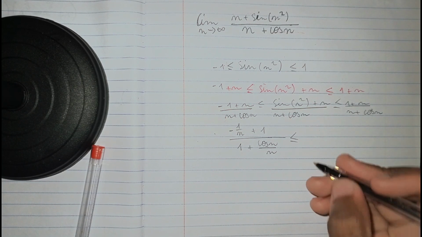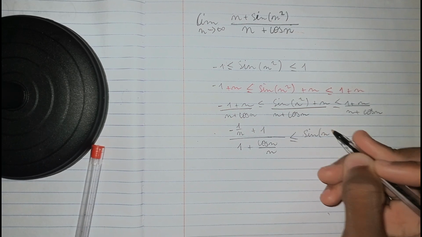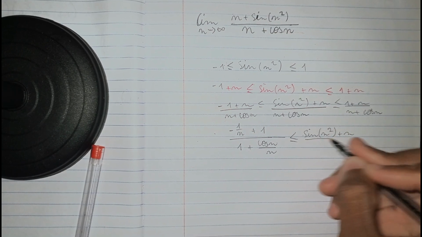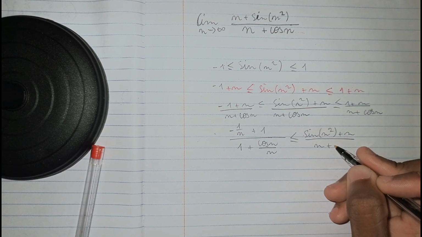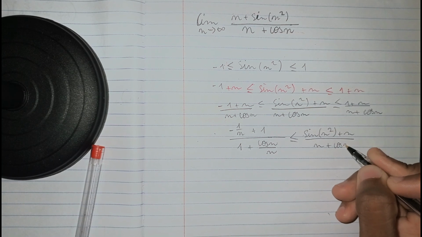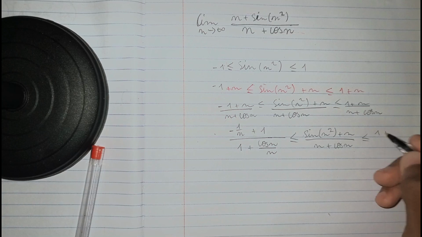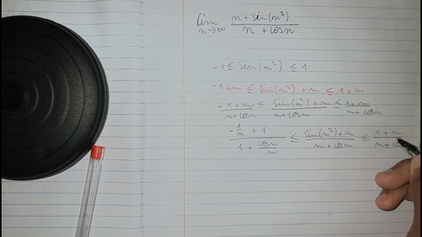So I'm going to keep it like this first. And sine of n square plus n, then cosine of n. Here we get 1 and plus cosine of n, right?